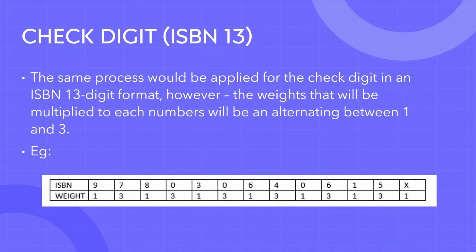Same process in computing check digit in ISBN 13. On the other hand, the ISBN 13 check digit, which is the last digit of the ISBN, must range from 0 to 9 and must be such that the sum of all the 13 digits, each multiplied by its weight alternating between 1 and 3, is a multiple of 10.